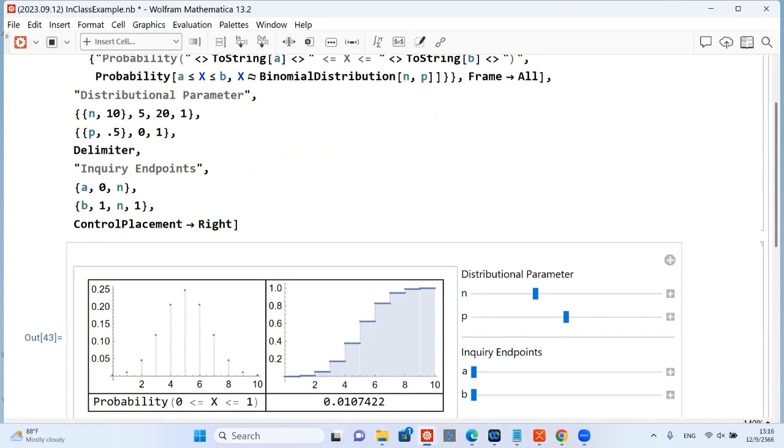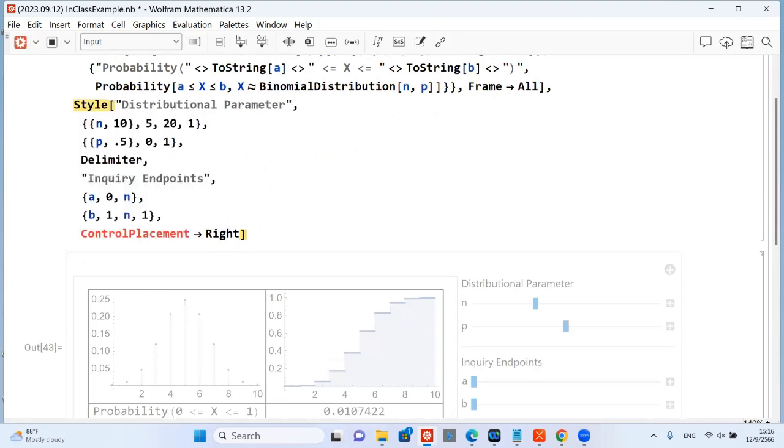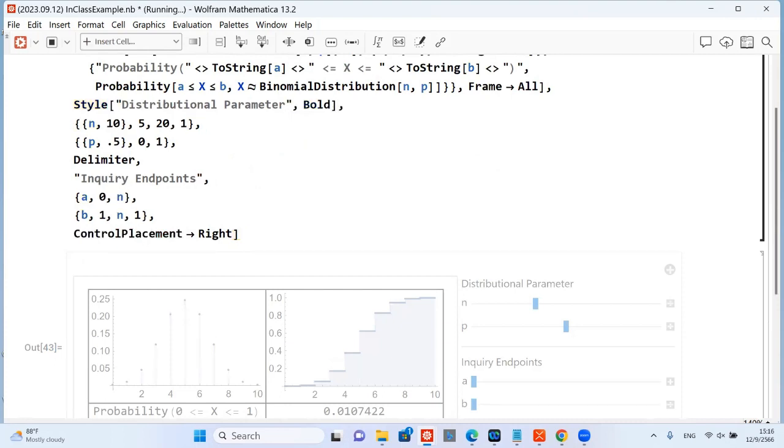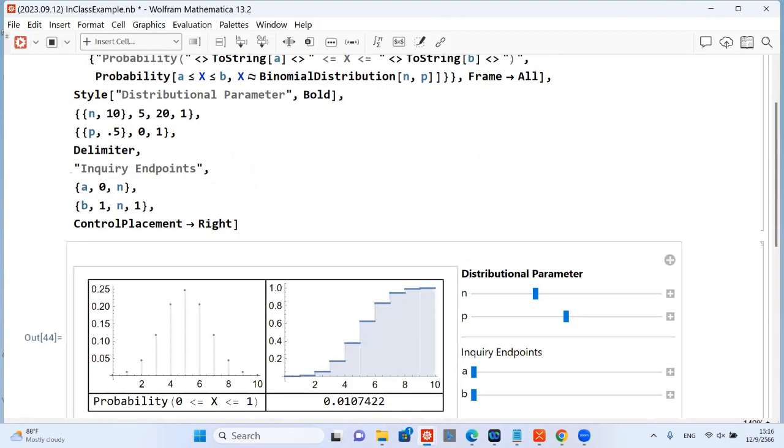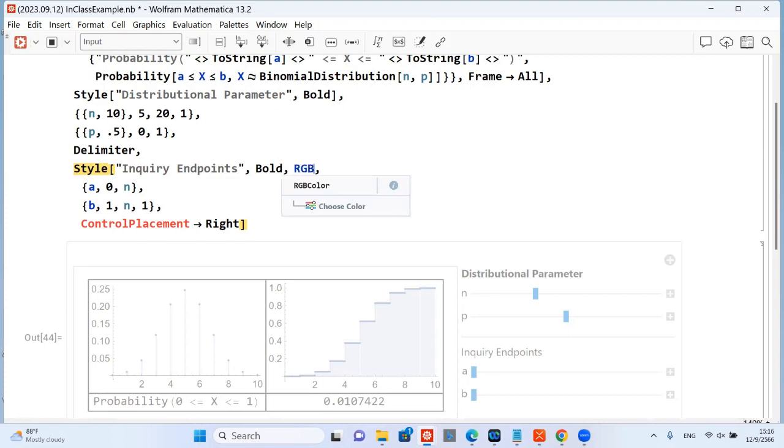Okay. So may I just make it style? This is a little bit like HTML, but not quite. So something like bold. Okay. Yeah, it's a bit bigger. And RGB color.